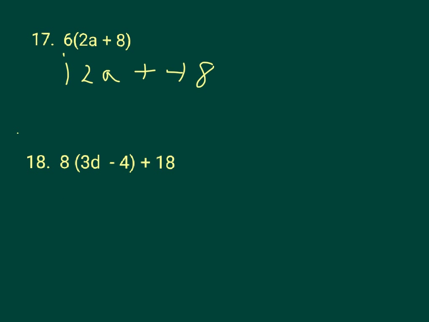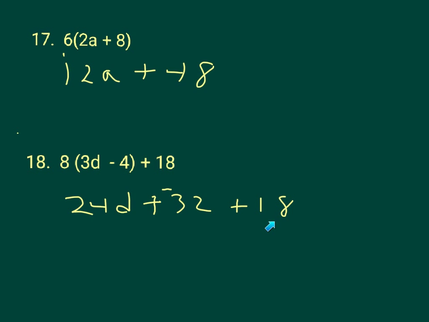8 times 3 times d is the same as 24 times d, minus 8 times 4, which is 32, plus 18. I'll change the subtract 32 to add negative 32. And these two things can be combined with addition. 32 negatives and 18 positives.